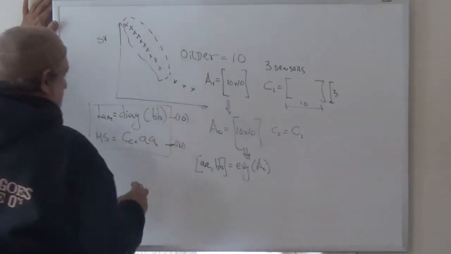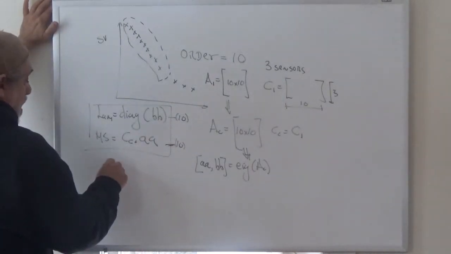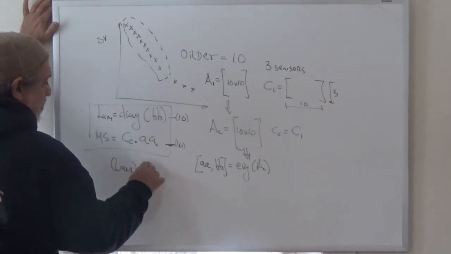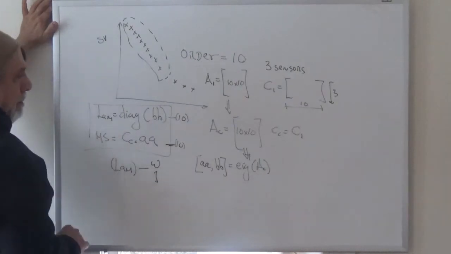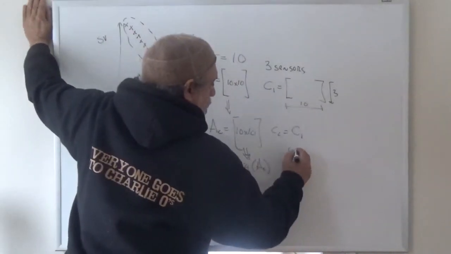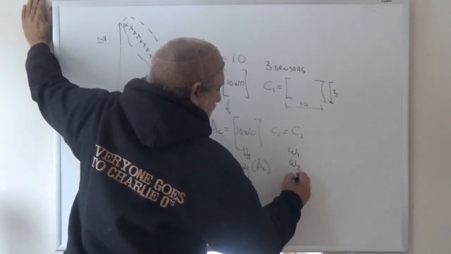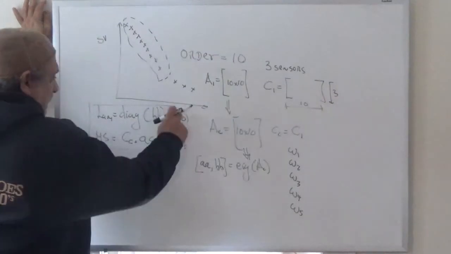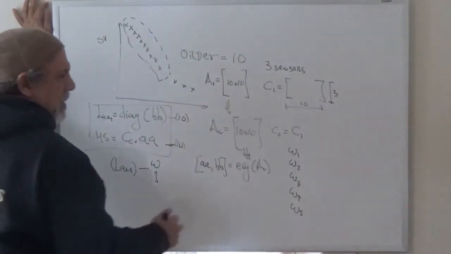So we have these lambdas, right? So from our lambdas, we know how to calculate frequencies and damping, right? And so what we have is omega 1, omega 2, omega 3, omega 4, and omega 5, because they're 10, right? The other ones are the complex conjugates.